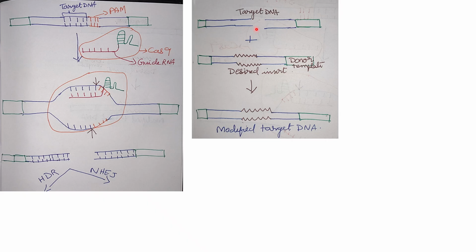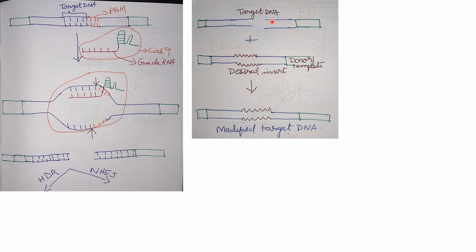Okay, so that is how you use the cell's homology directed repair machinery for introducing your gene of interest into the target DNA. So this desired insert will bind to this target DNA sequence because the desired insert will have homology regions here.